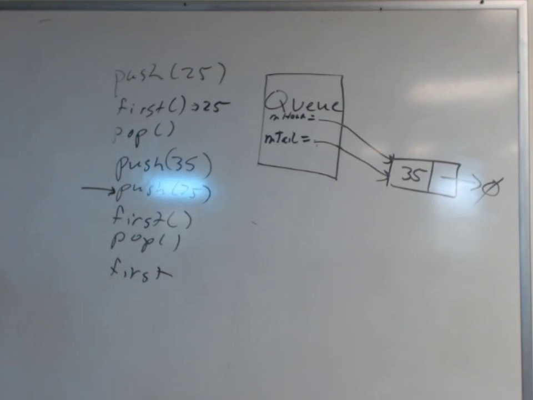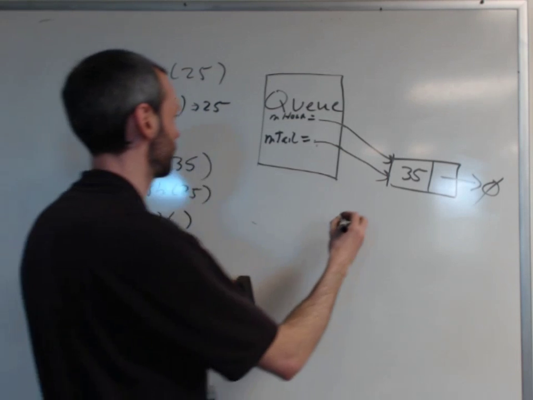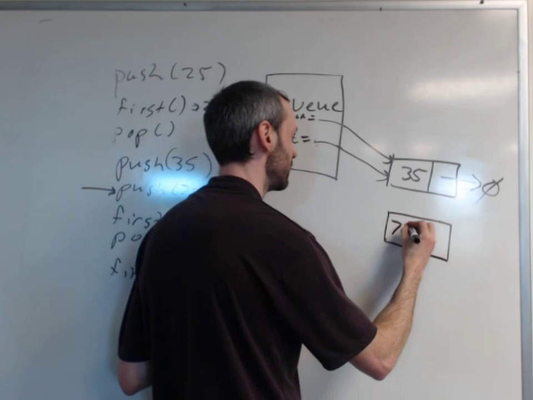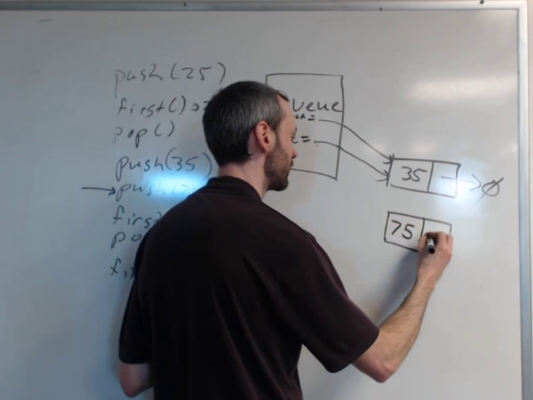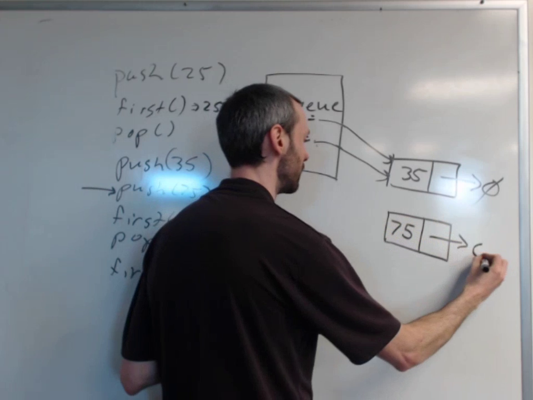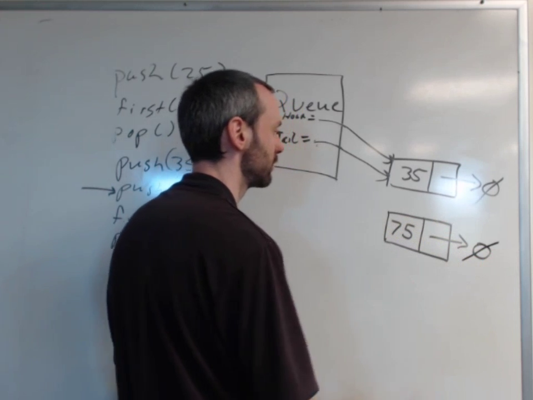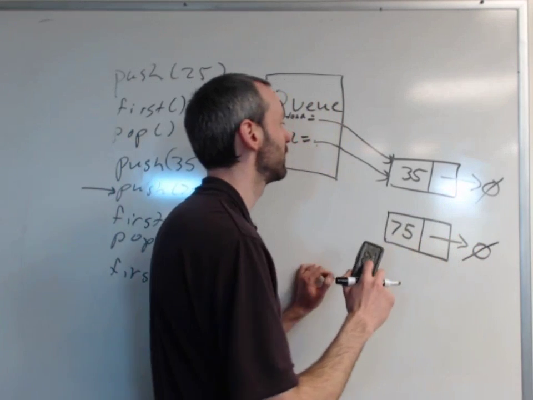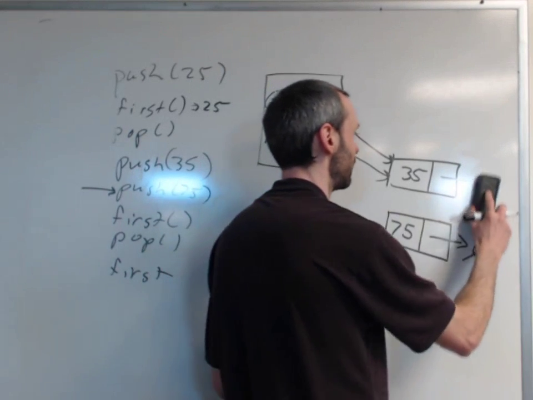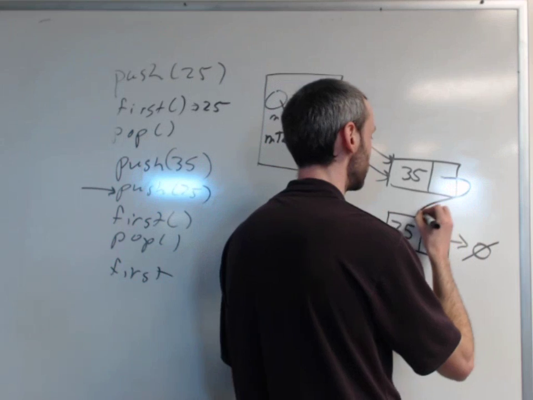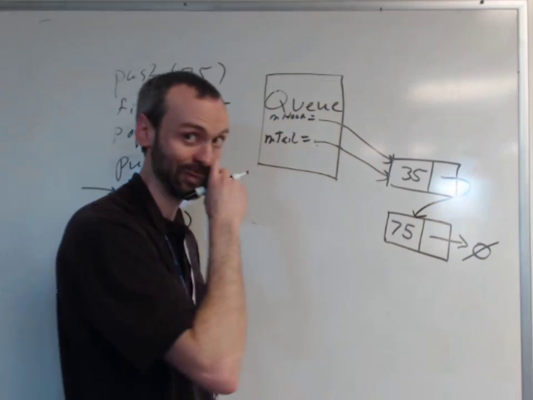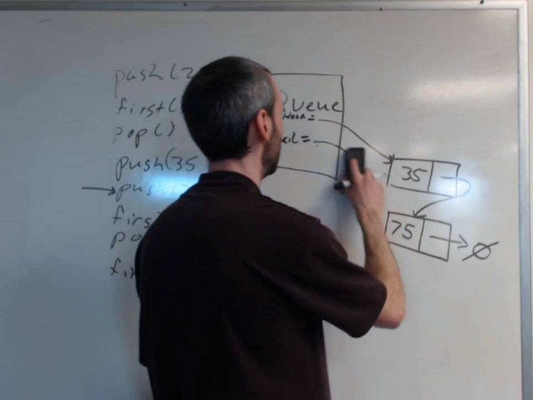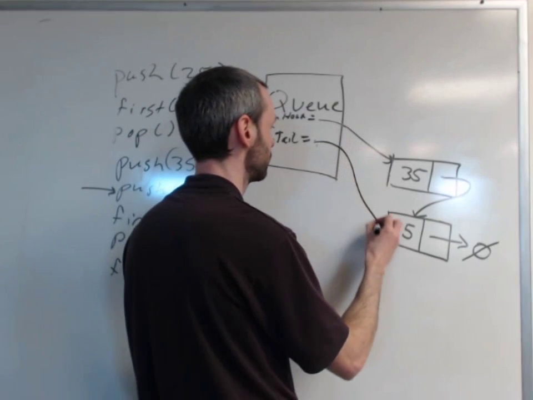We've got to create another node with the value 75. 35 is going to point to 75. Then m_tail is going to point to 75. You got it.